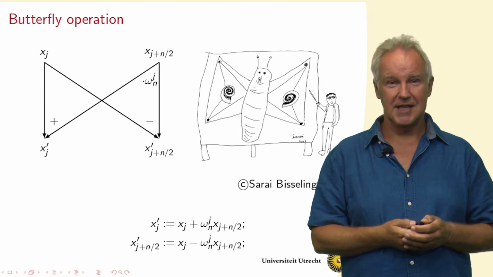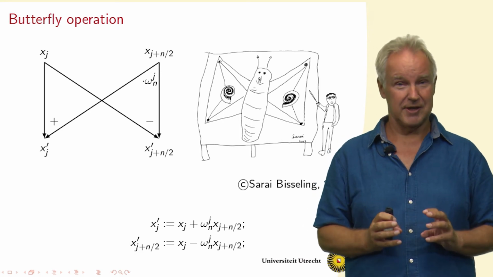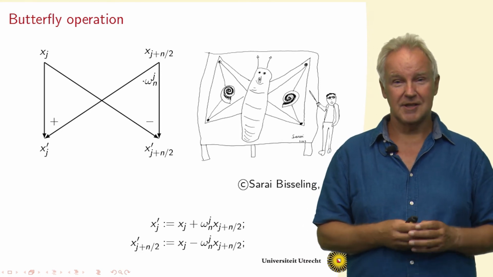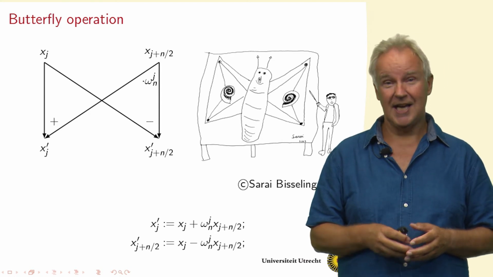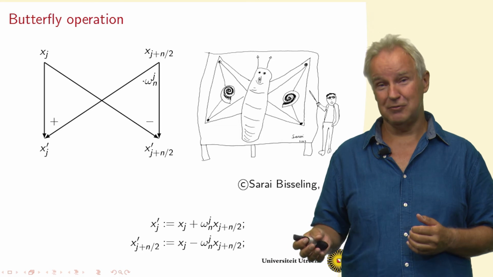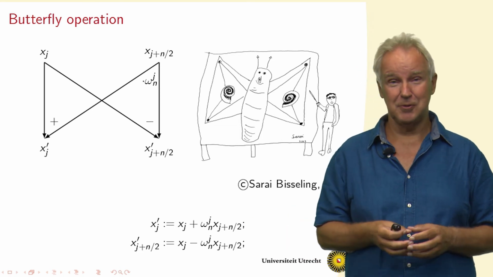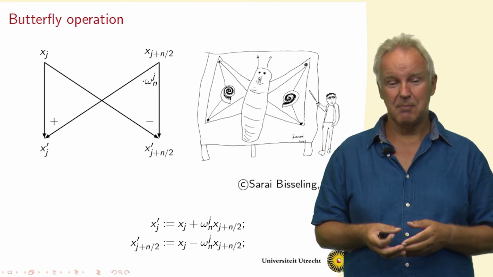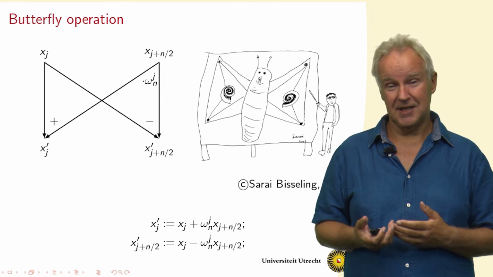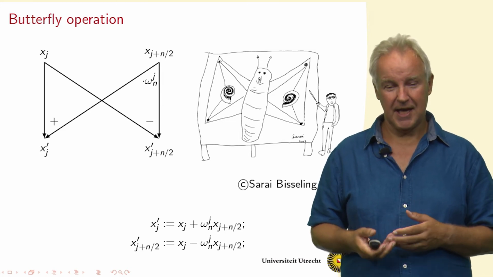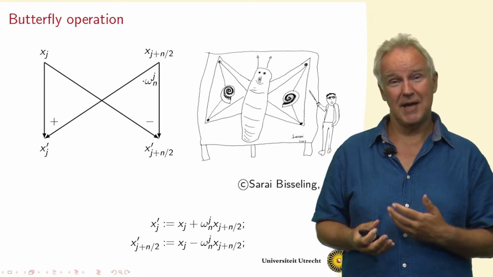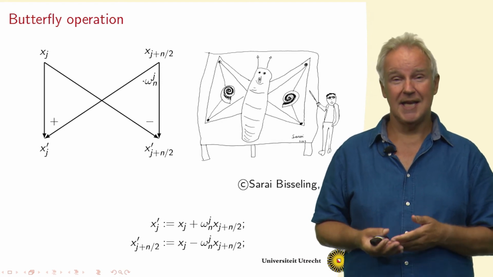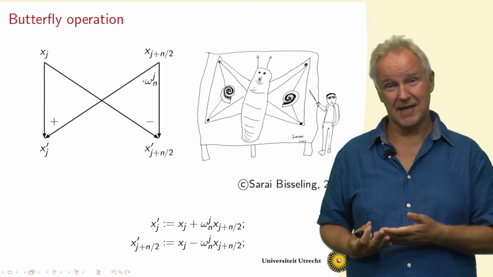And what happens deep inside the algorithm, we combine two values, xj and xj plus n over 2, at a distance n over 2. We combine them by multiplying xj plus n over 2 by an omega, and then adding and subtracting this.